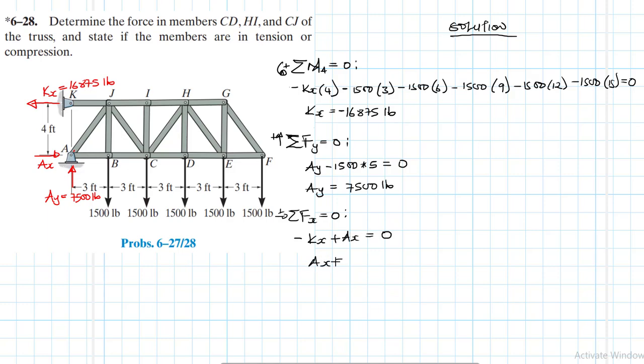Therefore my ax is going to be equal to kx, which is equal to just 16,875 pounds. So my ax, of course, you expect it to be equal, so that there is equilibrium in that direction. 16,875. Okay, great.